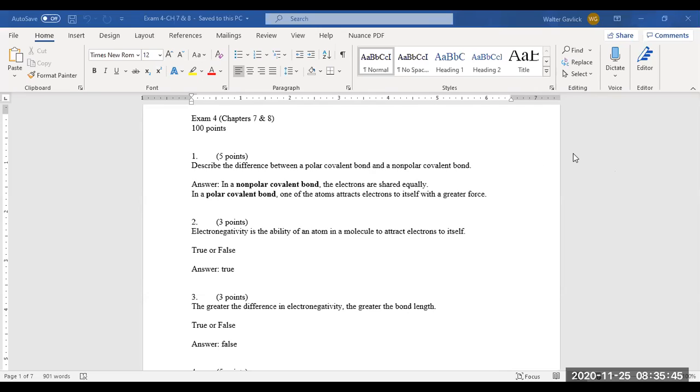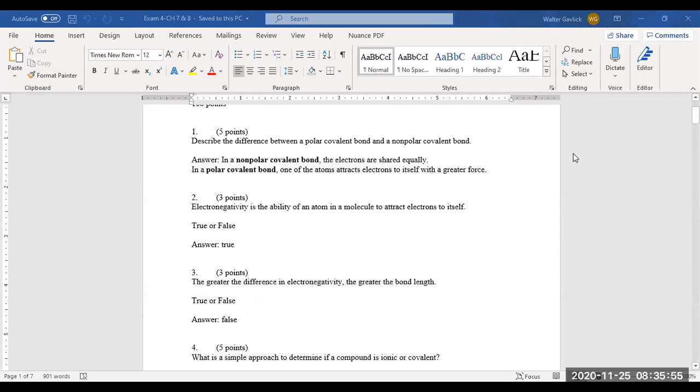Okay. So let's go through the answers to exam 4. The first question was: describe the difference between a polar covalent bond and a non-polar covalent bond. What it was looking for is an answer saying that in a non-polar covalent bond, the electrons are shared equally, and in a polar covalent bond, one of the atoms attracts electrons to itself a little more than the other atom.